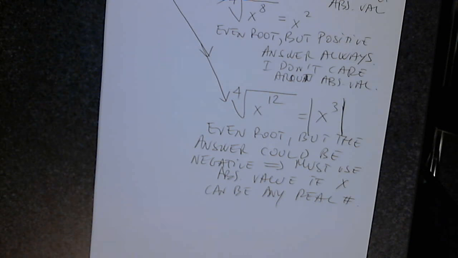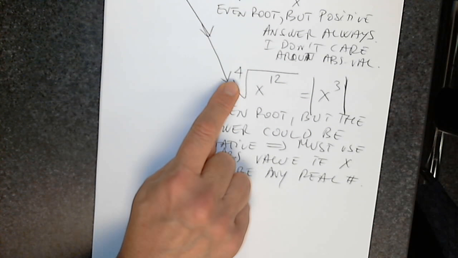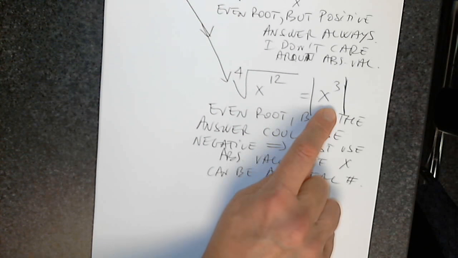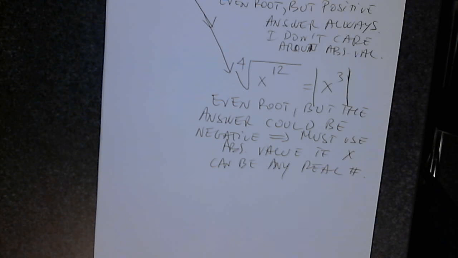So, 3 options. Odd index, don't care. Even index, the answer positive, don't care for the absolute value. However, if the index is even, but the answer could be negative when x can be any real number, then I must use the absolute value. It's a must.